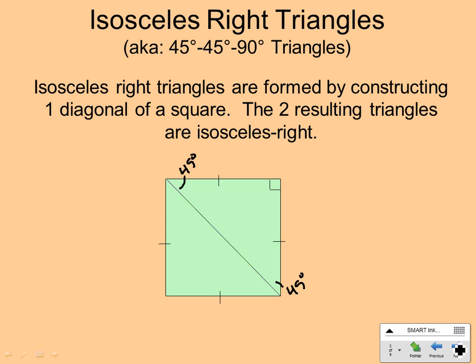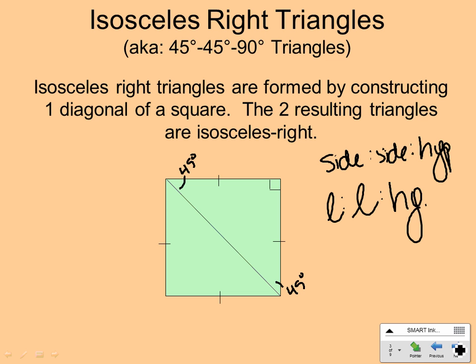So 45, 45, 90 triangles tend to be really easy because you have 2 sides that are the same and one that's different. What's the one that's different? The hypotenuse. The hypotenuse is going to be different. So we essentially have the side to side to hypotenuse ratio, or leg to leg to hypotenuse if we want to get specific.